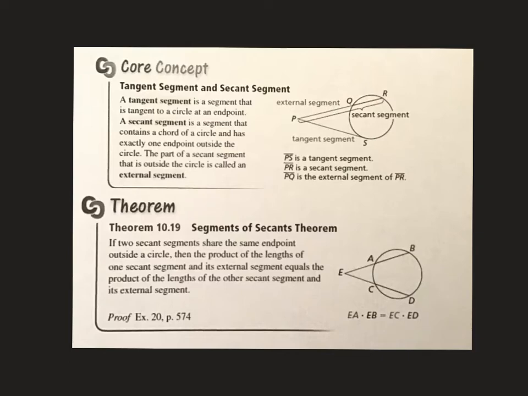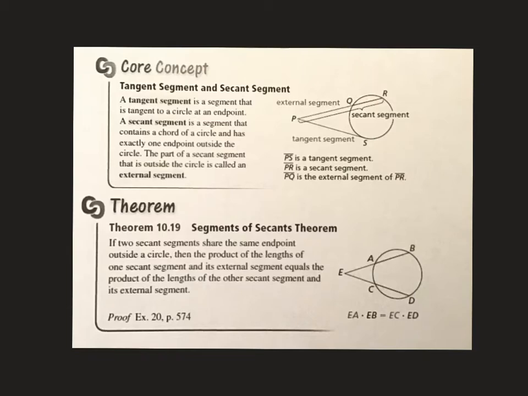So theorem 19, segments of a secant theorem. If two secant segments share the same endpoint outside of a circle, then the product of the lengths of one secant segment and its external segment equals the product of the lengths of the other secant segment and its external segment.